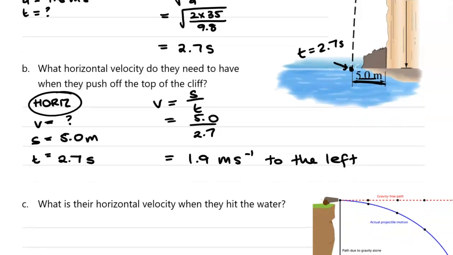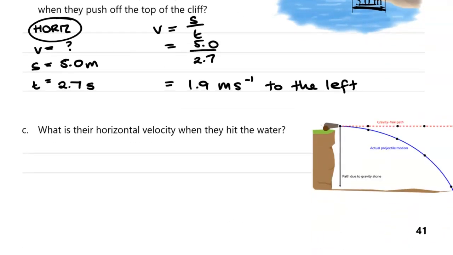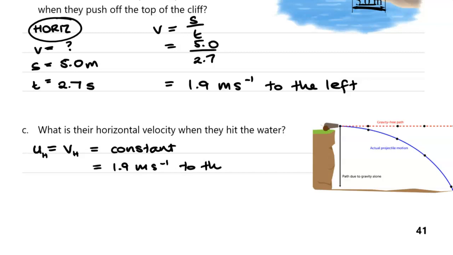Now, the next one, part C, it says, what is their horizontal velocity when they hit the water? The important thing to remember is the horizontal velocity doesn't change. U equals V, and I'm talking specifically horizontally, well, not really equals, but it is a constant. So that means that 1.9 meters per second to the left is constant.